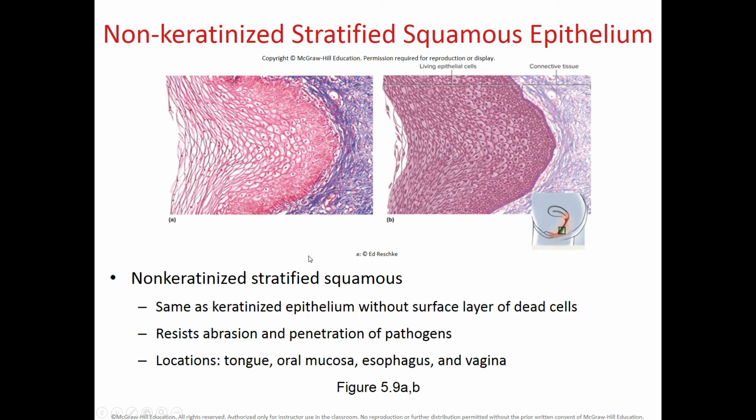So the functions as well, similar to the keratinized stratified squamous, is to resist abrasion and to prevent the penetration of pathogens. Now, many times you refer to this epithelium as mucosa. So where do we have it? In the inferior portion of our tongue, in the oral mucosa, in the mucosa of the esophagus, and also in the vagina, as this sample is coming from.